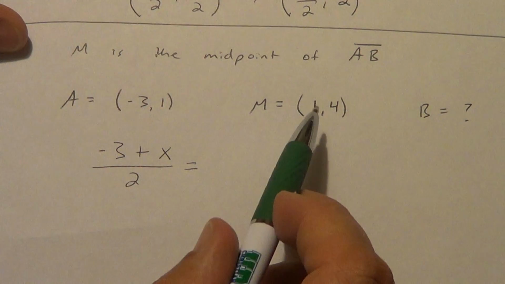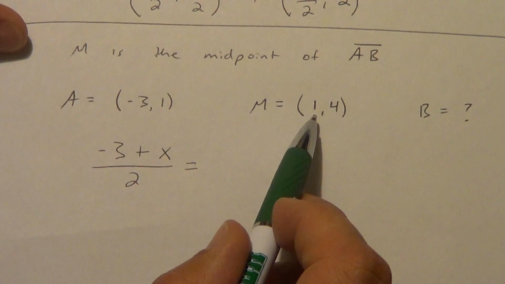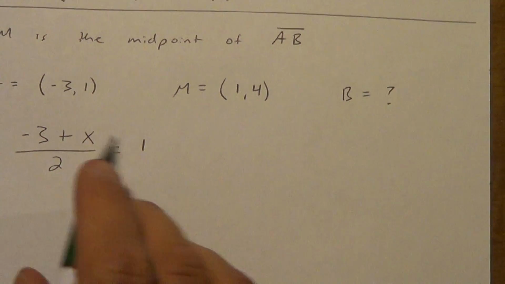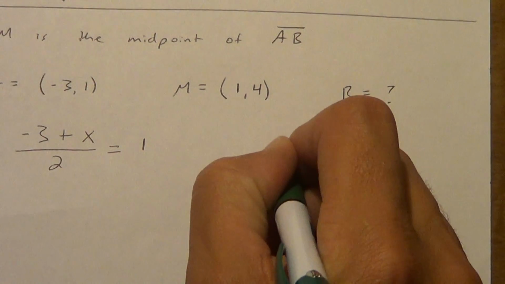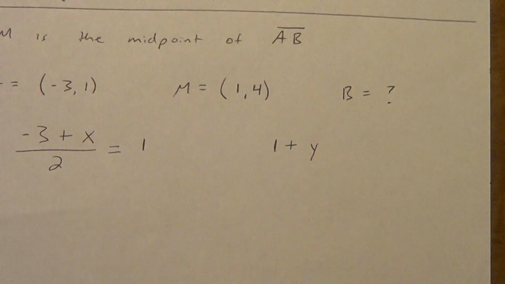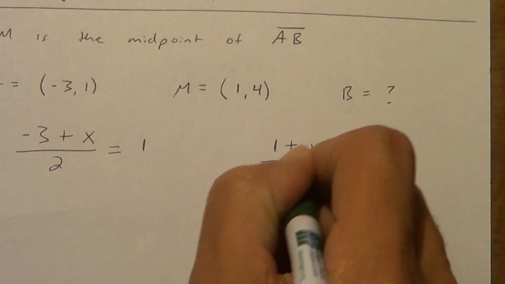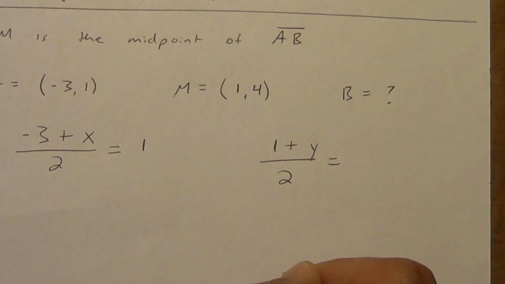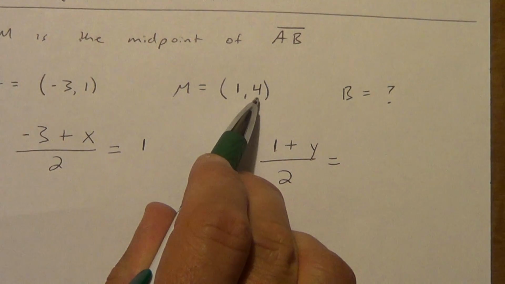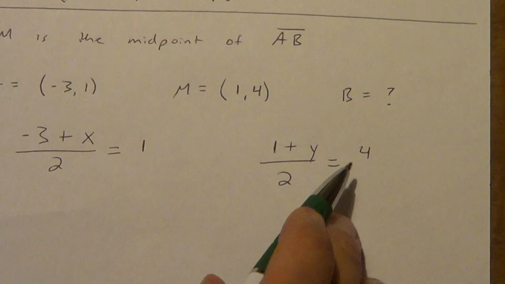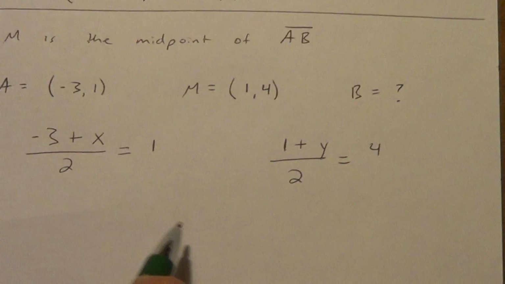Now what's the midpoint? The x value of the midpoint is right here at 1. Well, what about the y values? y1 is 1 plus y2, which I don't know, so I'm going to call it y so I don't confuse it with the x. Over 2 equals the midpoint. The y value for the midpoint is 4. Now, I left these up higher. I'll show you why in just a second.